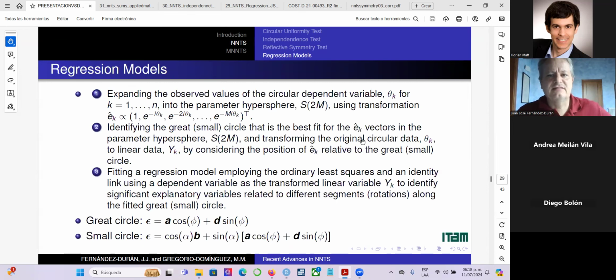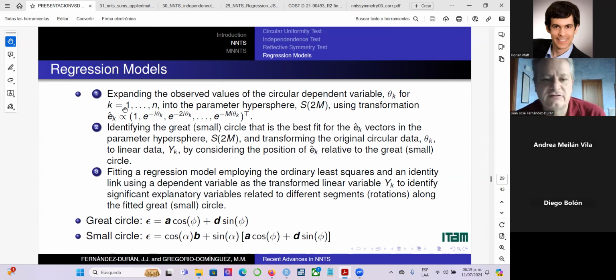In this sense, what we do is project the observed angles onto the unit hypersphere by taking the vector of trigonometric moments. That means the observation theta k is transformed into the vector of trigonometric moments up to a certain order m.